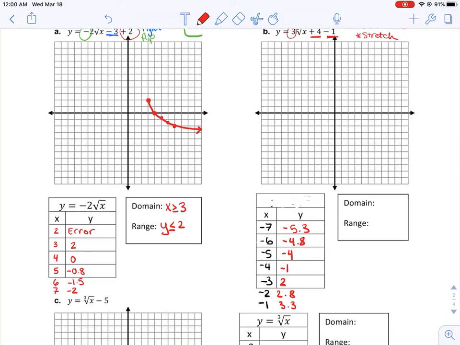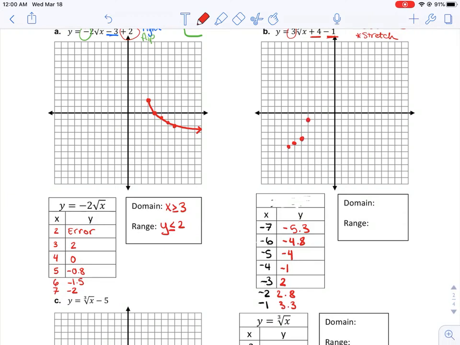Okay, so again, we can count by 1 here. I'm going to go over to the left 7, and then I'm going to go down 5. 1, 2, 3, 4, 5, and then a little more because it's 5.3. All right, next one, to the left 6, down 4.8, so almost 5. Then to the left 5, down 4.